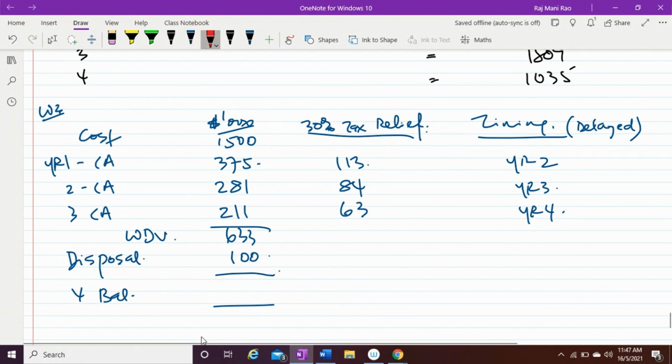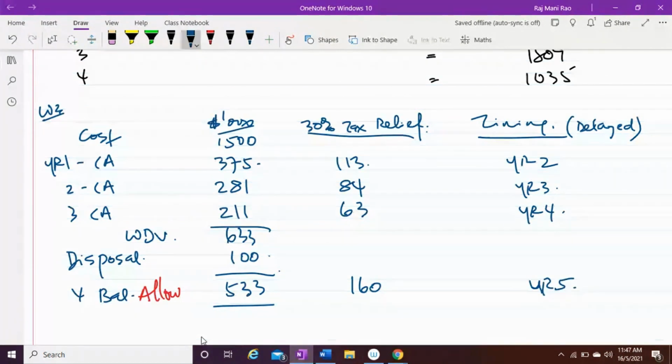Yes, balancing allowances. 533. With the tax relief 30%, so 160. This will be year 5.